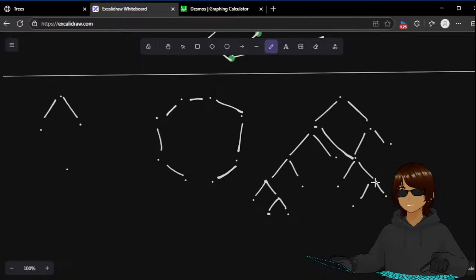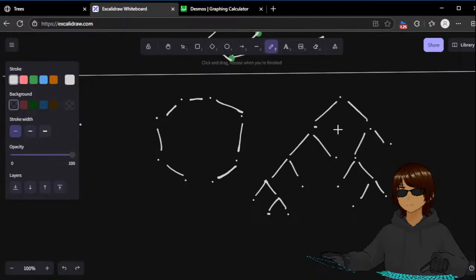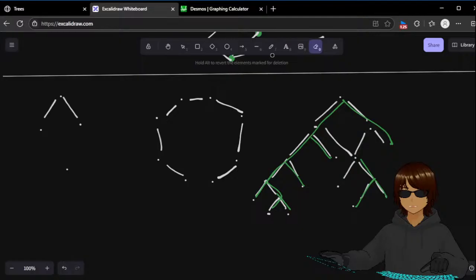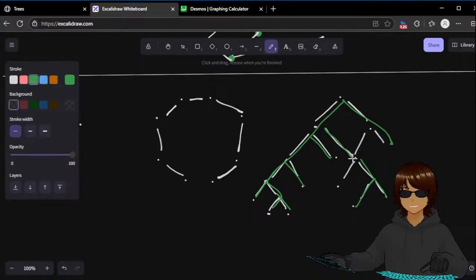Now, if I take another subgraph, which includes all vertices and edges except for this one right here, then that subgraph is a tree. That subgraph is called a spanning tree. So I can have one spanning tree like this, or one spanning tree like this, or one spanning tree like this.